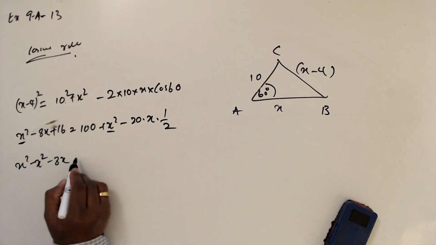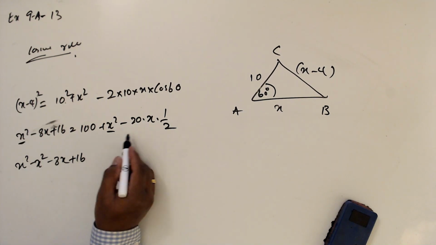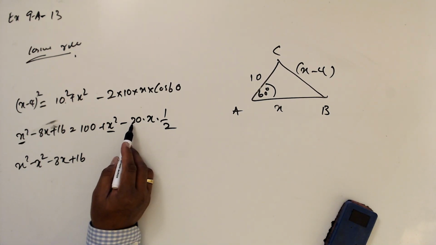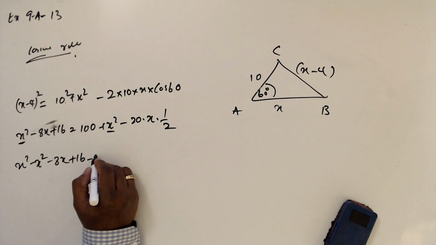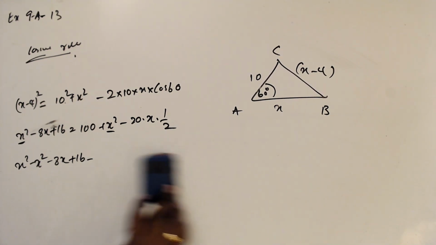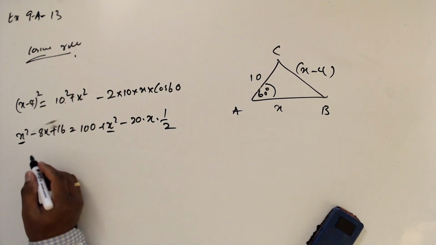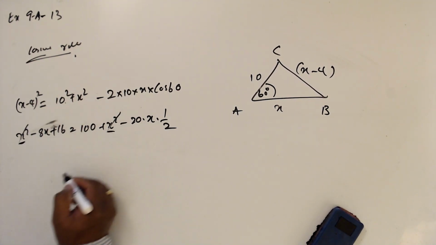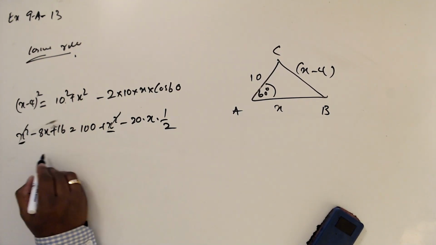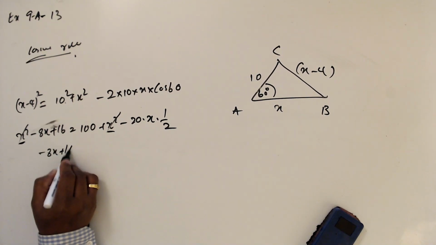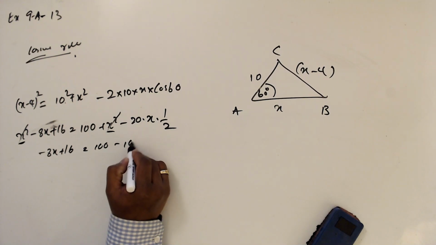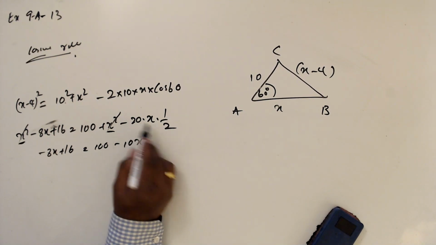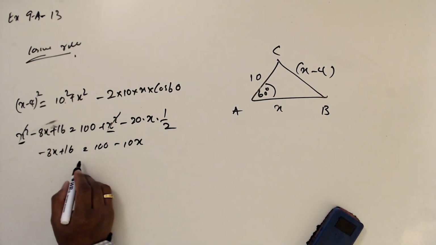Then minus 8x plus 16 equals 100 minus 10x, since 20 divided by 2 is half.